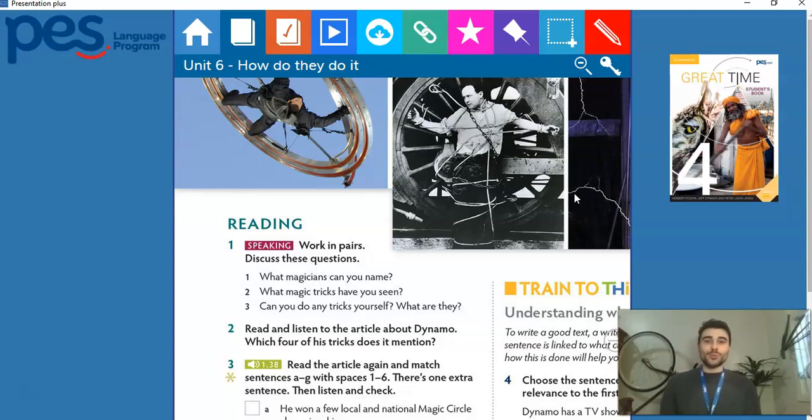Are you able to perform any magic tricks? And if you can, what are they? If you actually can do any magic tricks, it would be really nice if you could record yourself performing that magic trick and send it to your classmates or even to your teacher, and then you can share with us here at PES as well, okay?